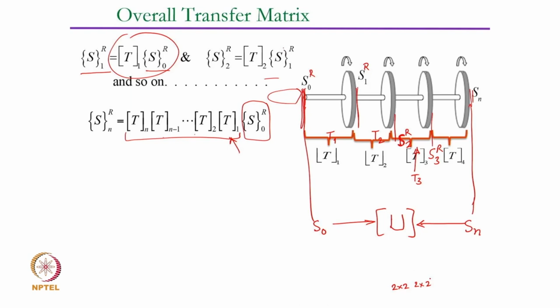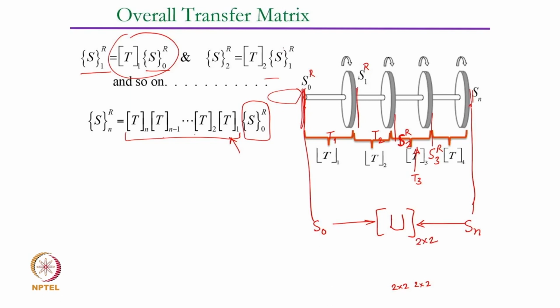The field matrix was 2 by 2. Their product will be again 2 by 2. So the transfer matrix is 2 by 2. Now each of these transfer matrices for each segment are simply getting multiplied. So 2 by 2 multiplied by 2 by 2 multiplied by 2 by 2, irrespective of the number of segments that you discretize it. Ultimately the overall transfer matrix is going to be still 2 by 2.